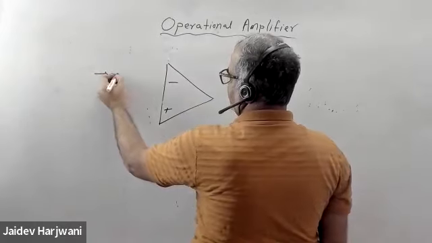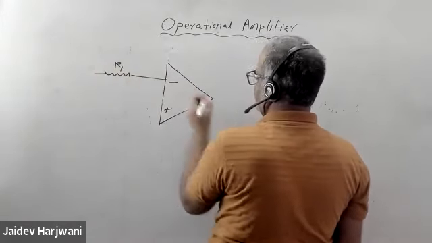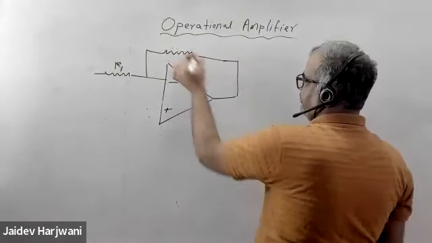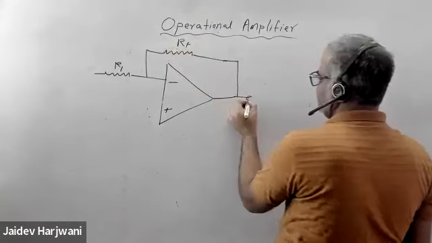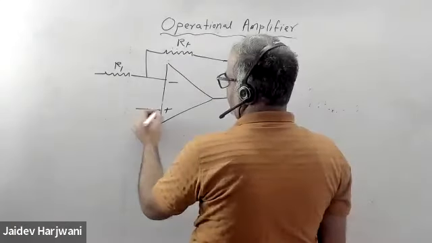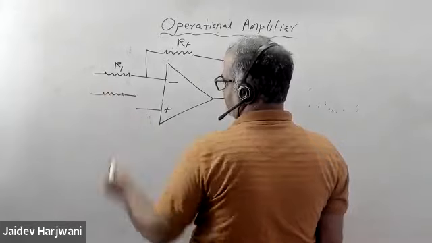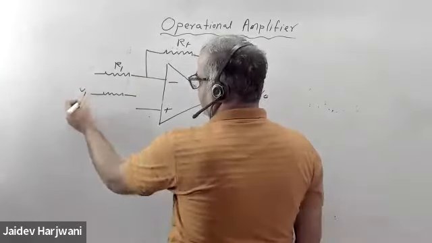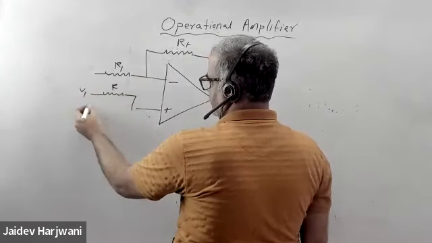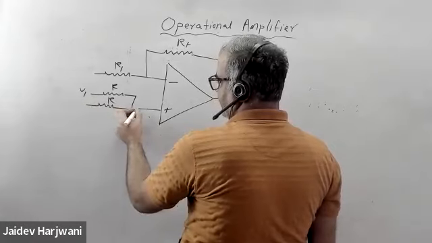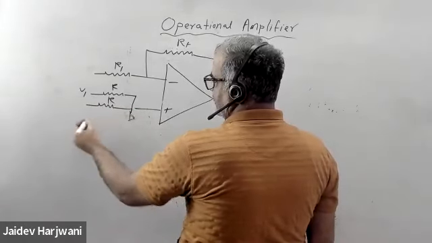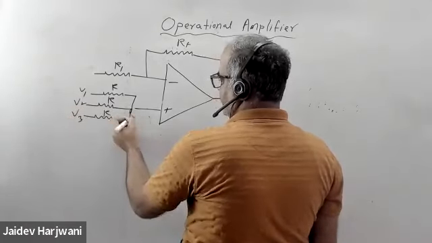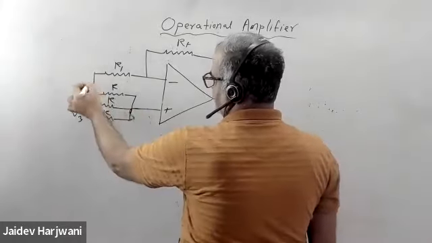Say this is my R1, this is my RF, and this is my V0. Here I am putting V1, V2, V3 each through a resistor R, for simplification. This terminal is grounded.